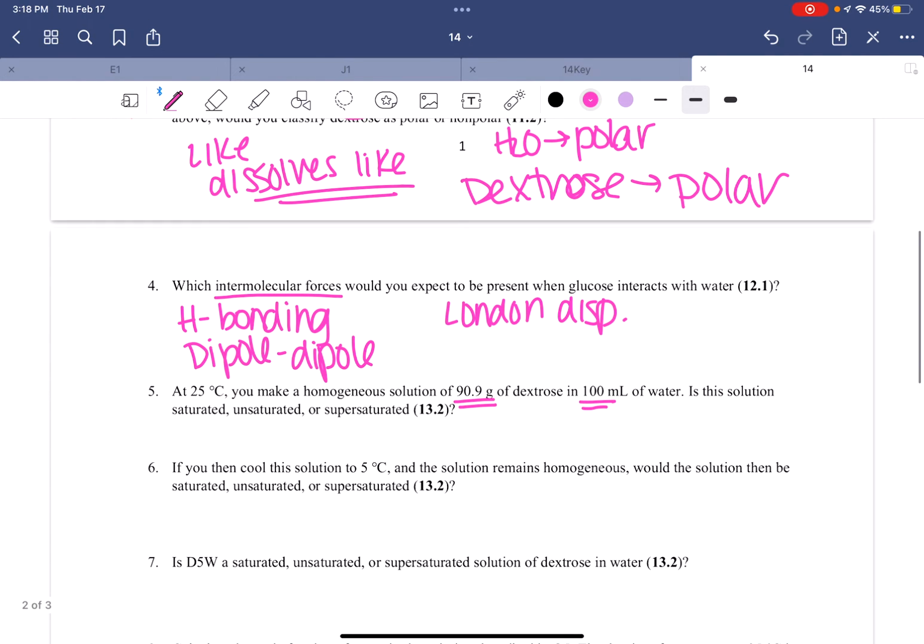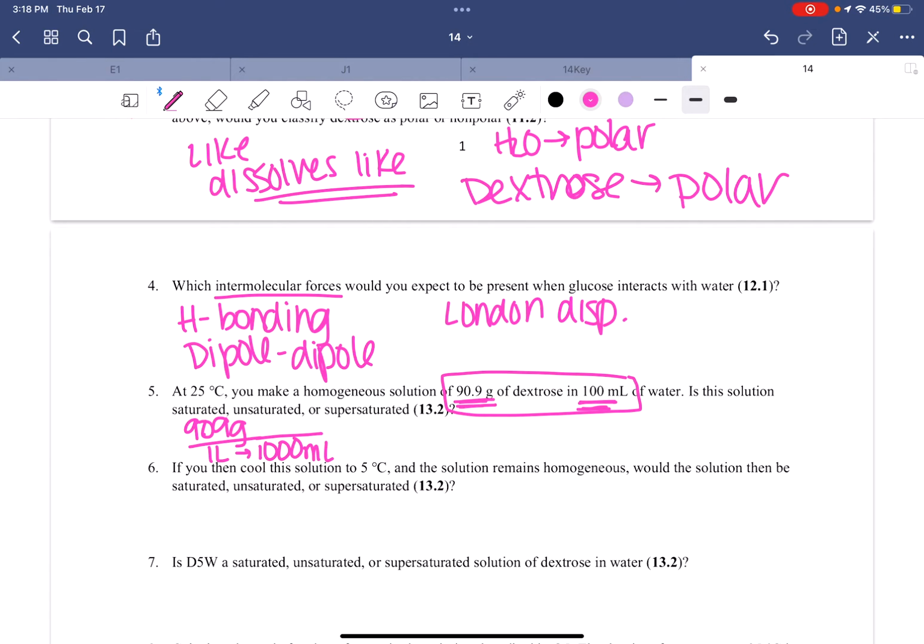So we want to think about the solubility, which from question 3 is 909 grams per liter, which is the same as 1,000 milliliters. But in question 5, the volume that we're given is 100 milliliters. And so we're kind of comparing apples and oranges at the moment. So what we're going to do is linearly scale this solution of dextrose so that the volumes are equal, and then we can compare the grams a little bit easier.